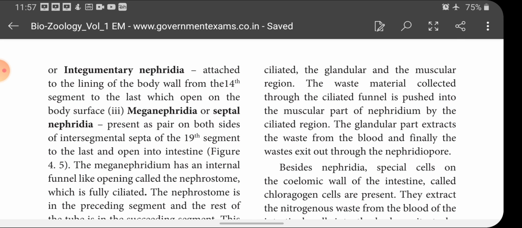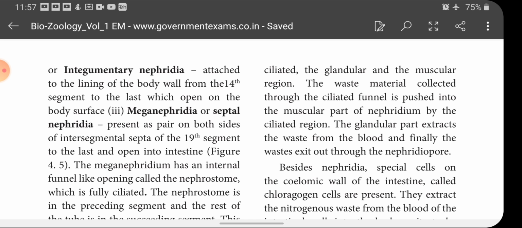The waste material collected through the ciliated funnel is pushed into the muscular part of the nephridium by the ciliated region, and the glandular part extracts the waste from the blood, and finally the waste exits through the nephridiopore. So there are three parts in the excretory tube: one is ciliated, another is glandular, and the third is the muscular region.